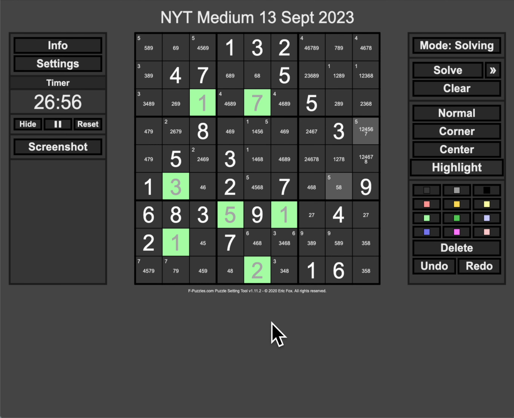I have 3 ones in the bottom third and the left third. That says this can't be 1, but I haven't proven that.